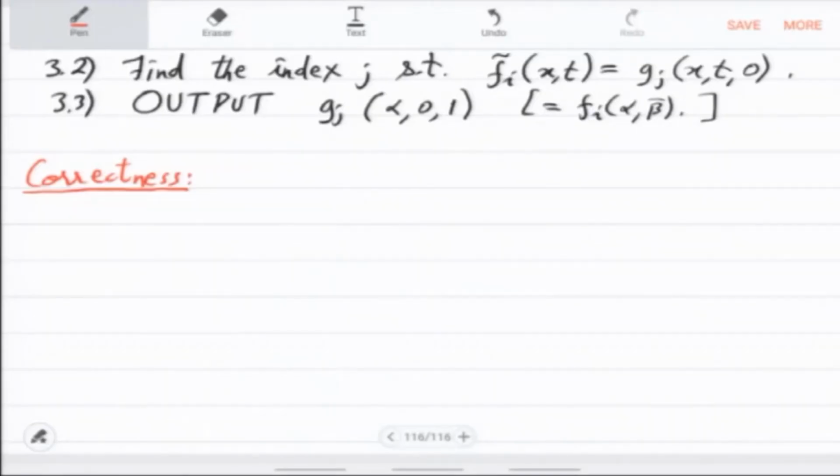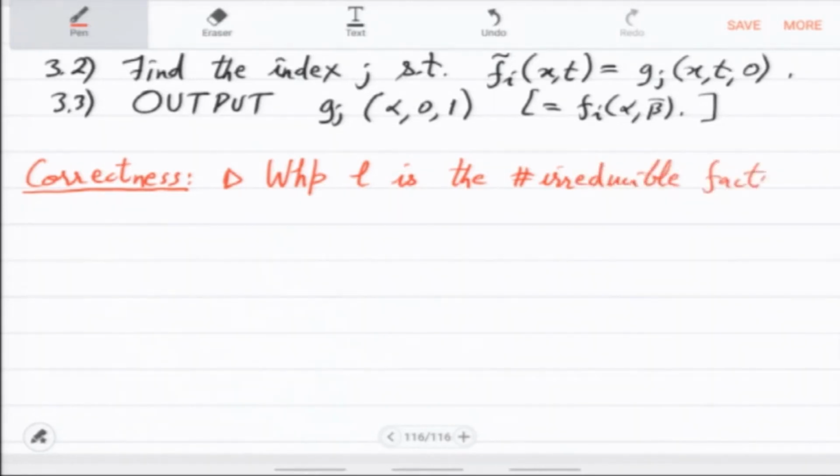So first observation is that with high probability L is the number of irreducible factors of f(x, y bar).